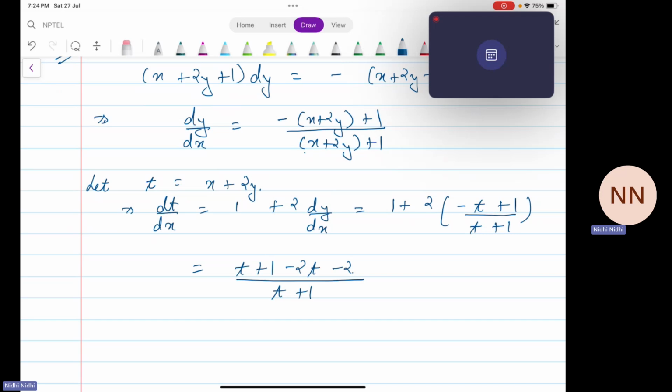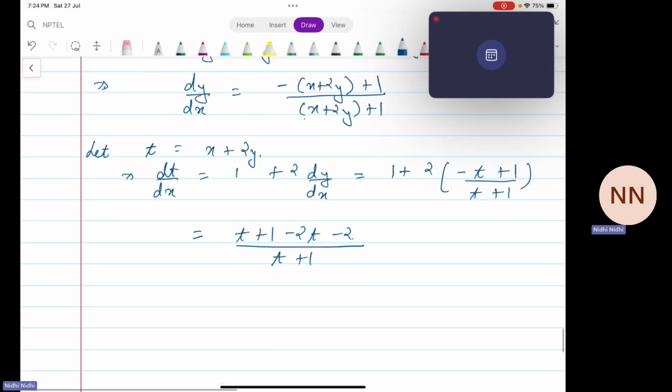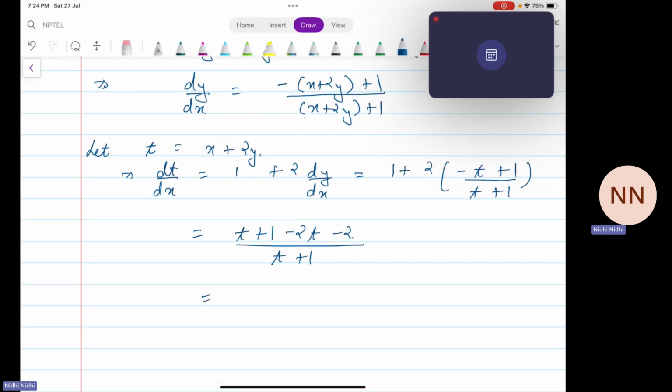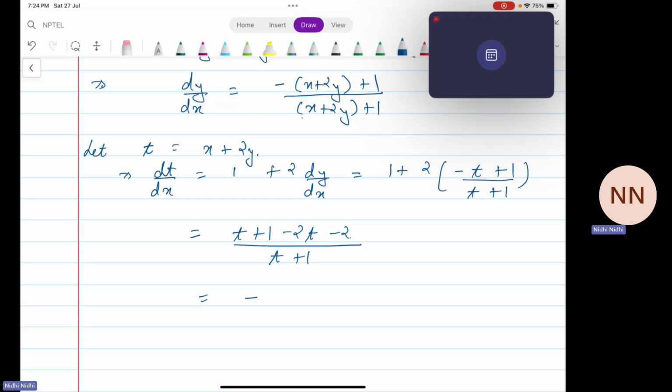Just basic taking LCM and solving the fraction. We get minus t plus 3 upon t plus 1.